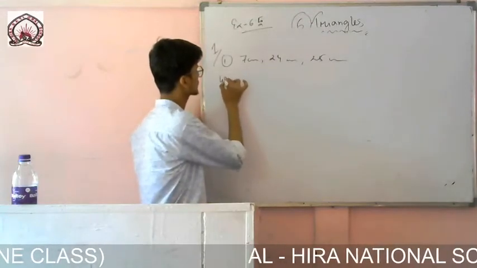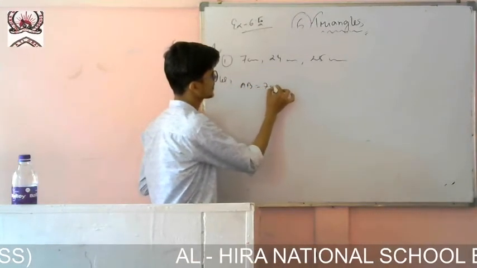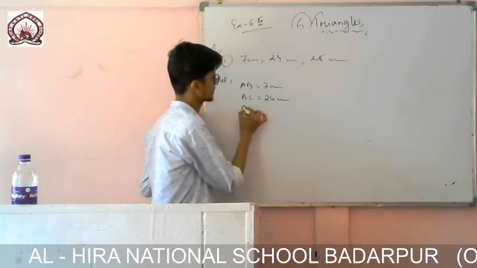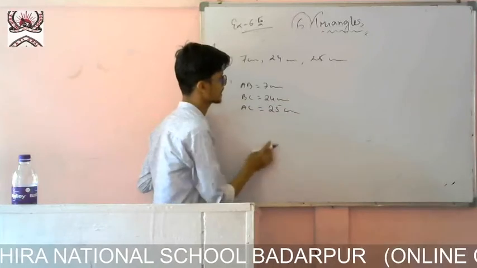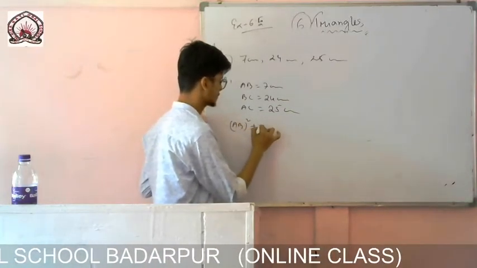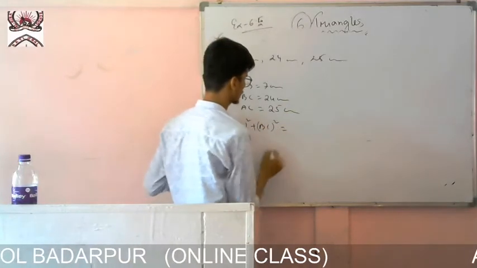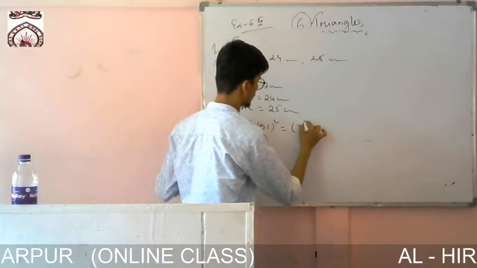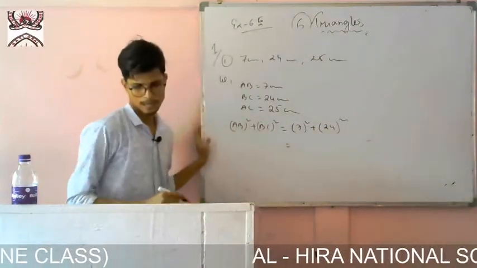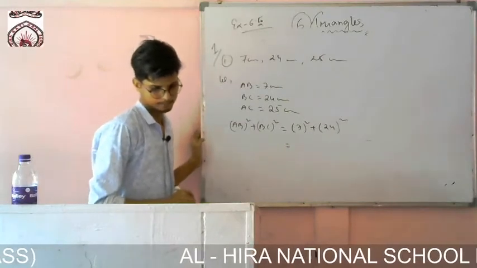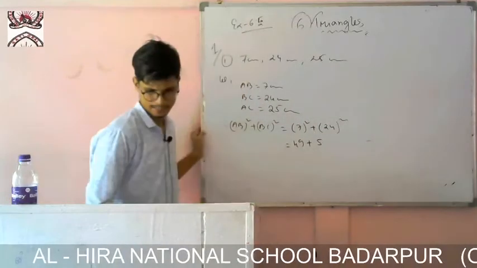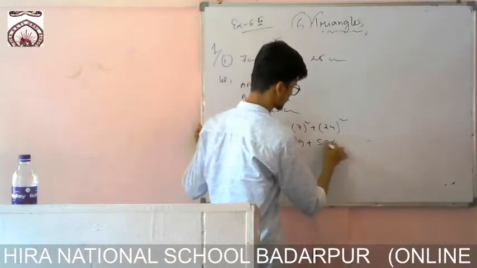So let AB equal 7 centimeter, BC equal 24 centimeter, and AC equal 25 centimeter. That means AC is the hypotenuse. Therefore AB square plus BC square equals 7 square plus 24 square. 7 square is 49, 24 square is 576.